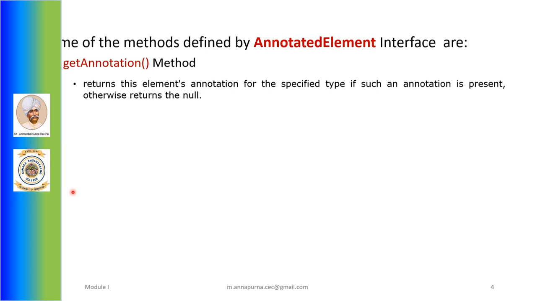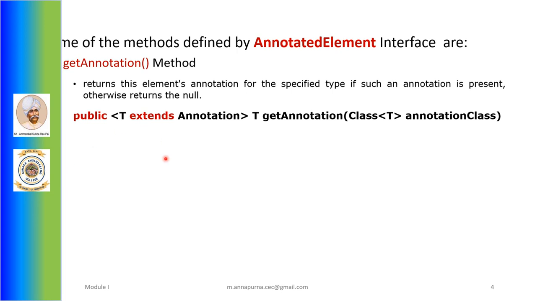The getAnnotation method of java.lang.Class is used to get the annotation of the specified annotation type if such an annotation is present in this class. The method returns that annotation in the form of an object. Otherwise, it returns null. That is, if the specified annotation type is not present in this class, it returns null.